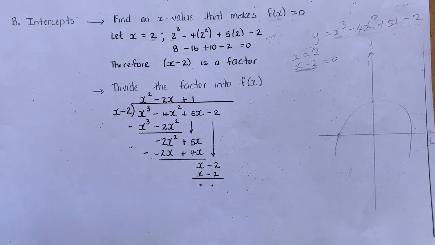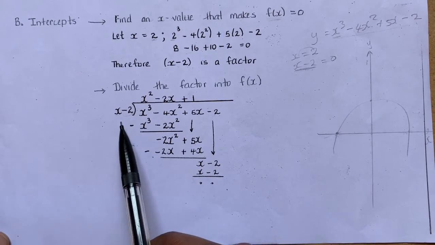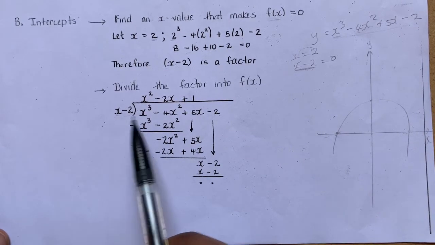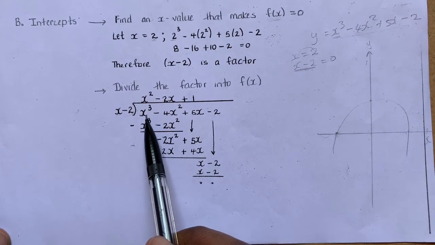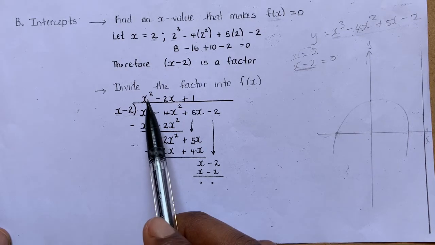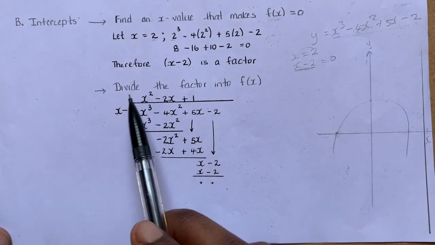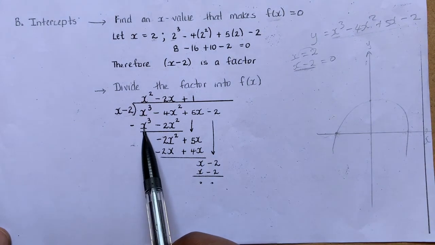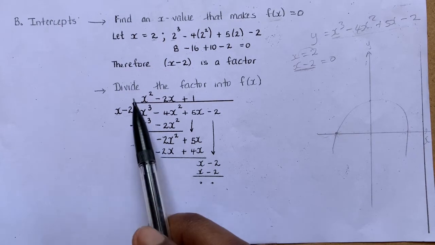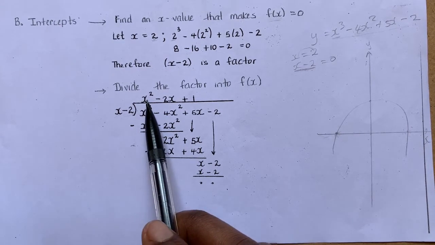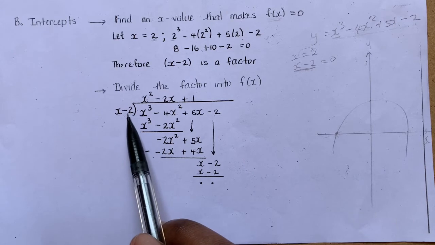So let's go ahead. First we will say x into x cubed will be left with x squared, and then our x squared times x is x cubed. That's our normal approach in long division. Now we have to also multiply our x squared we got by this -2.